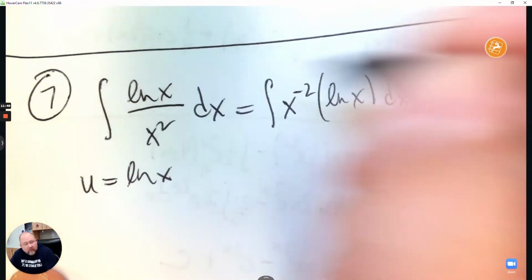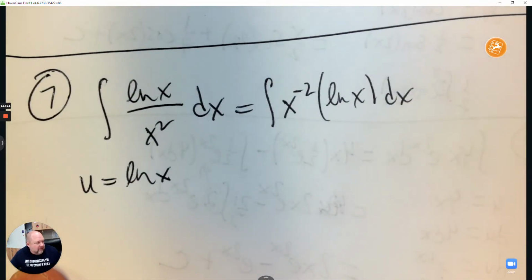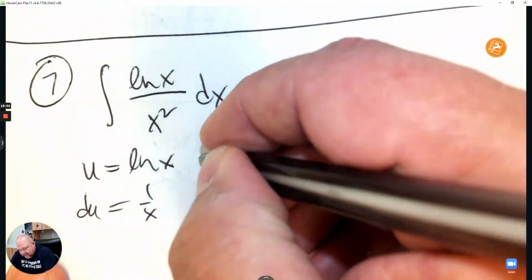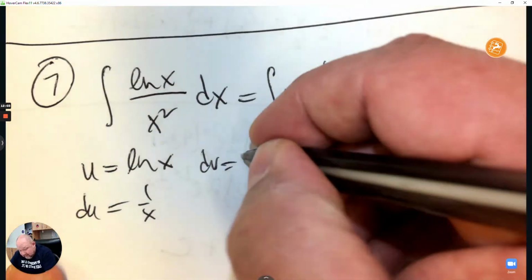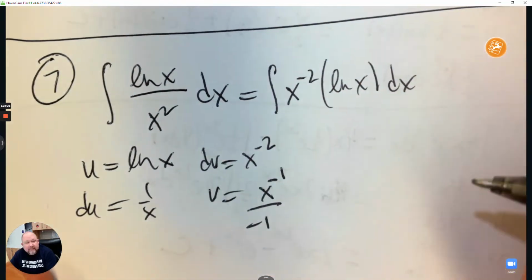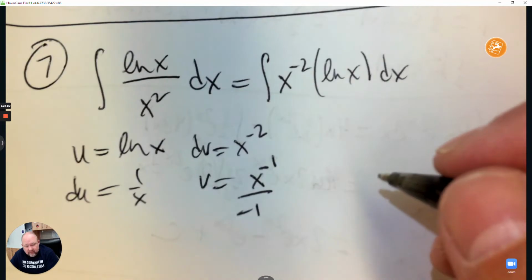So you're going to let u equal ln x. That means du is 1 over x. dv is x to the negative 2, and then integrate it. You add 1 to the exponent and divide by that exponent for the integration of it.